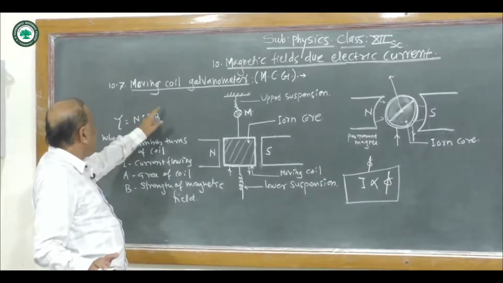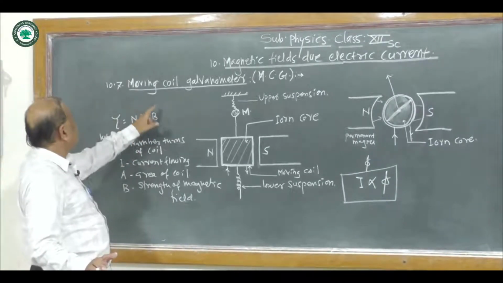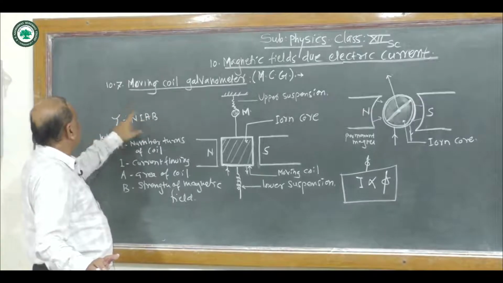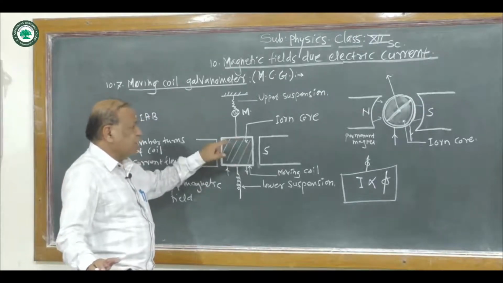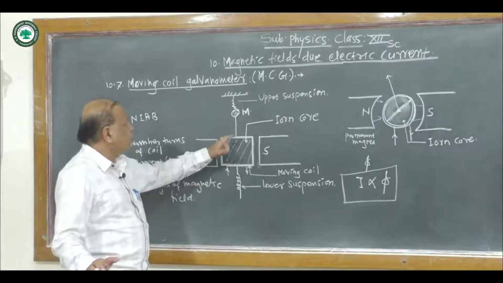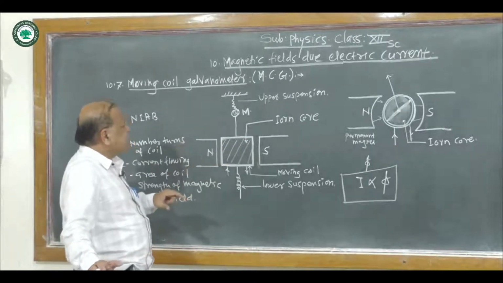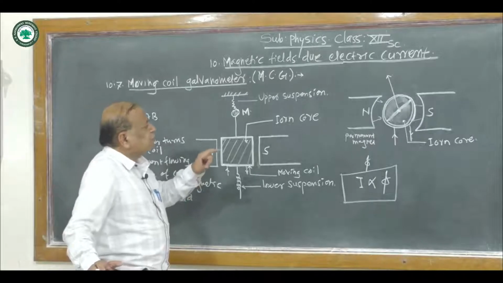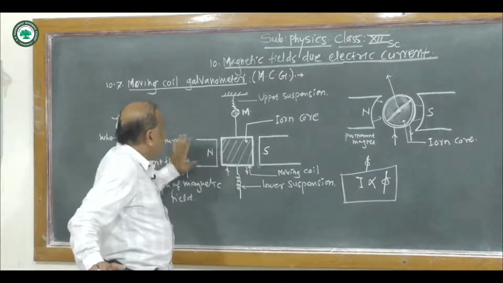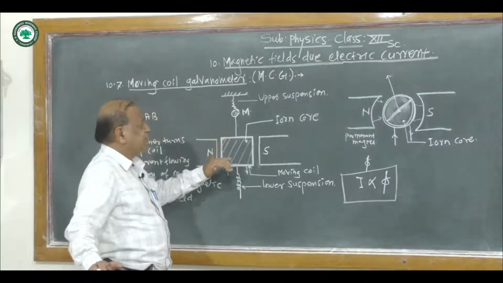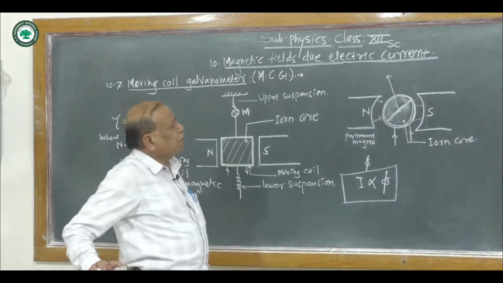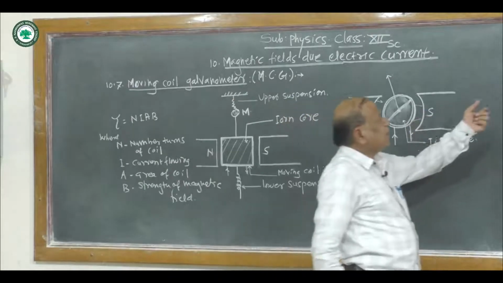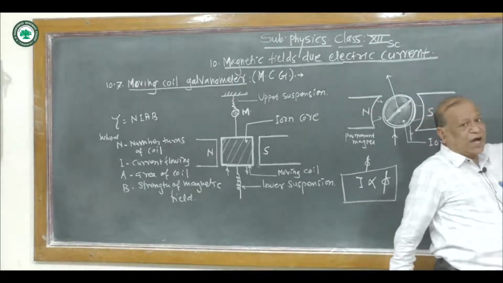Already in the previous lecture we obtained the value of this torque acting on this rotating coil. Now here this torque is balanced by the torque produced by the magnetic field, this radial magnetic field, and that torque is given by K phi.